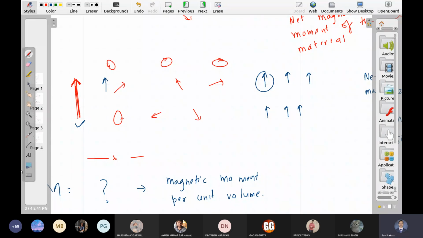The second effect is coming from temperature. Temperature is trying to distort this ordering. Because of temperature they cannot maintain their ordering. They just try to distort their ordering.